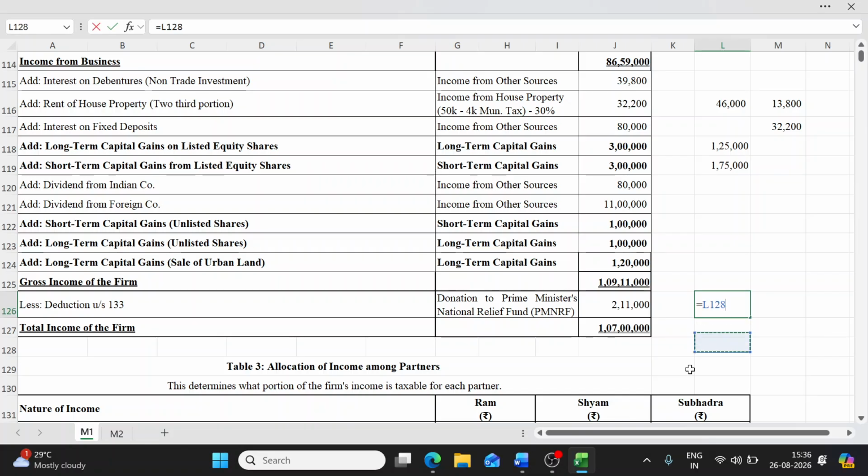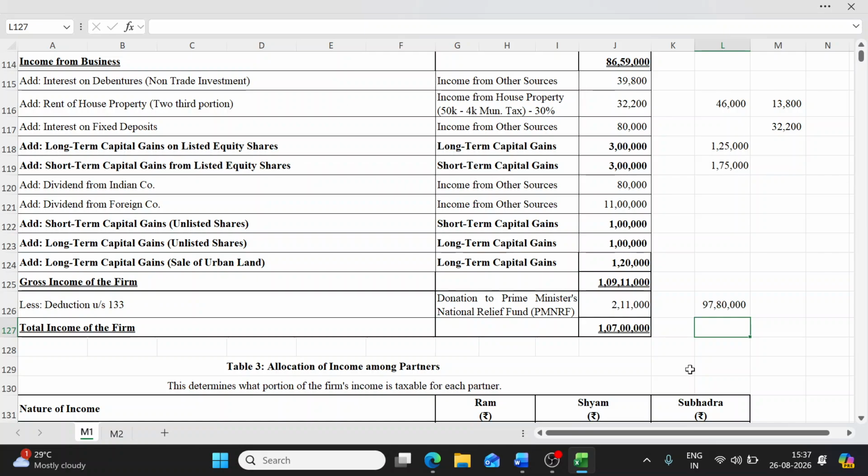From the total income, that is 1 crore 7 lakhs, deduct all these figures on which we just calculated tax. So these 3 lakhs first, then these 3 lakhs, then this 1 lakh, then this 1 lakh, and then this 1,20,000. Therefore the balance income is 97 lakh 80,000.